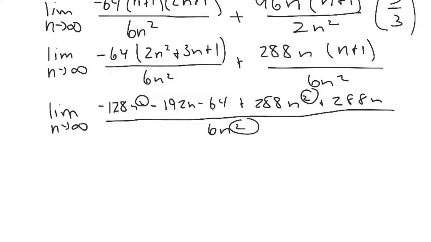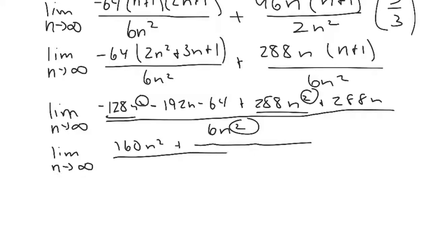So I can combine these like terms, and I get the limit as n approaches infinity of 160n squared plus a bunch of other stuff that I really don't care about, over 6n squared.